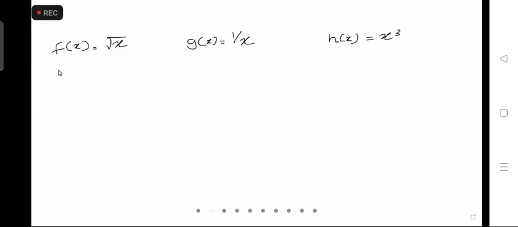Now you have to find the equation f of 1 f, this is the operator that you have to find.